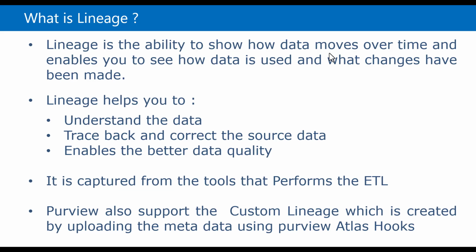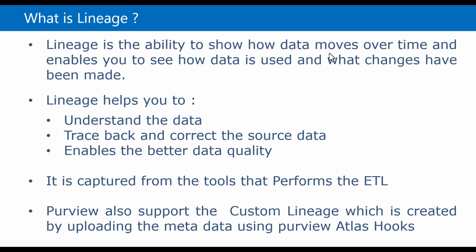Okay, so what is lineage? Lineage is the ability to show how data moves over time, and it enables you to see how the data is used and what changes are made when it moves from source A to source B. Why is it important? Because you need to understand the data, you need to track it back from the source to the destination.